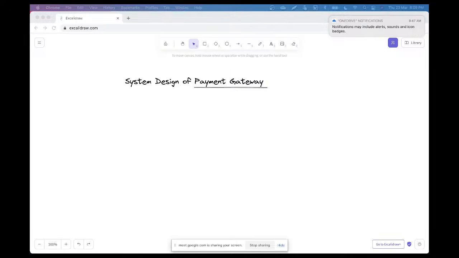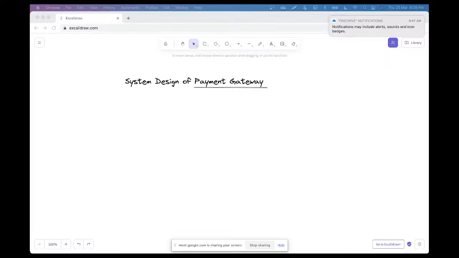But yes, this is a slightly different session because we'll be covering payment gateways like Paytm, and UPI is a different infrastructure. It is a government infrastructure hosted by NPCI, and that takes care of mapping between various VPAs.